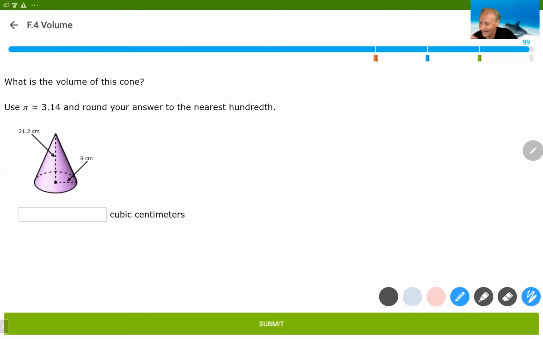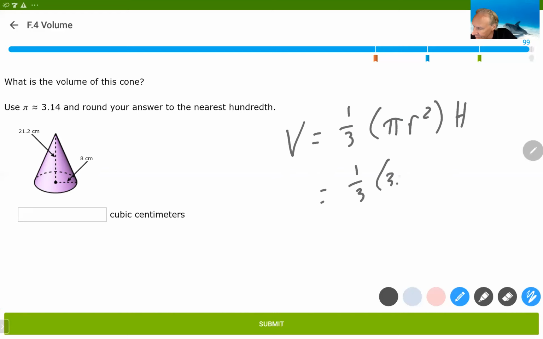One more. All right, this is definitely the last one. Volume of this cone is 1/3 pi r squared times the height. And again, I'm going to use capital H for my height of my cone. It's 1/3 times 3.14 times the radius squared times the height, which is 21.2.